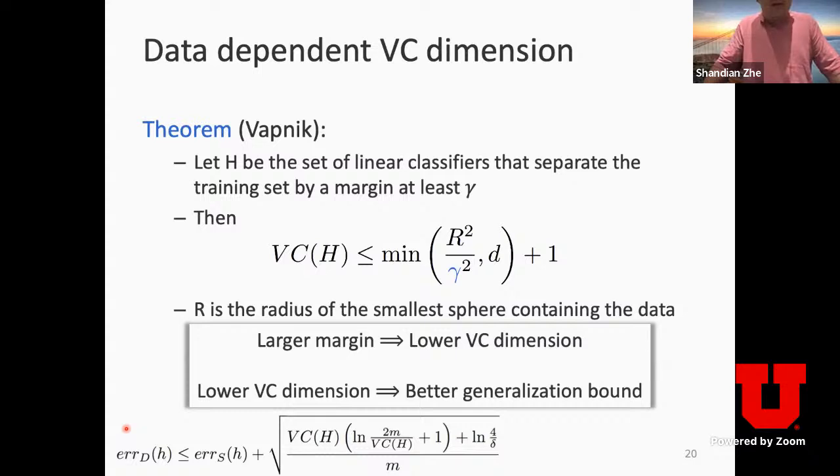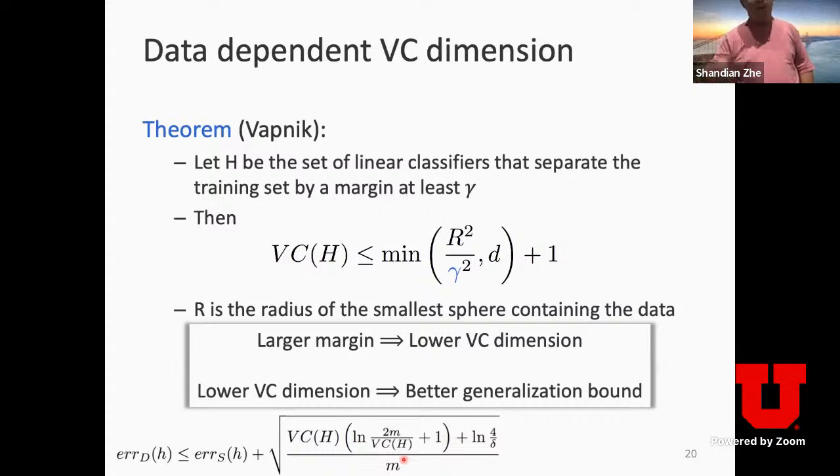We can still derive that with high probability, at least 1 minus delta, the generalization error or the true error is upper bounded by the training error plus a term determined by the VC dimension of the hypothesis space, the delta and the number of training examples.